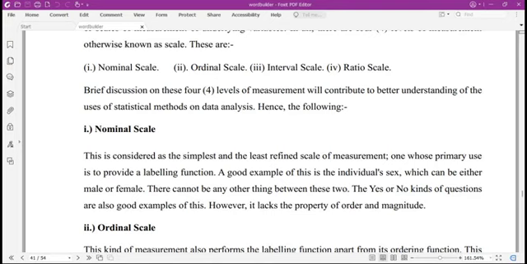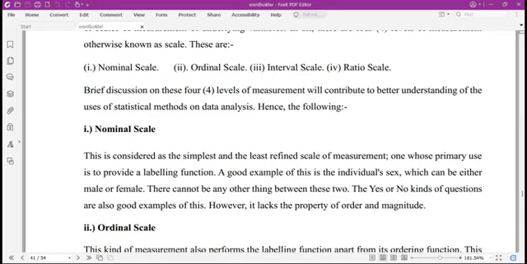You see why it's called the simplest and least refined. It's always a yes or no answer. It's either this or that. Take for instance sex: either you're a male or a female.